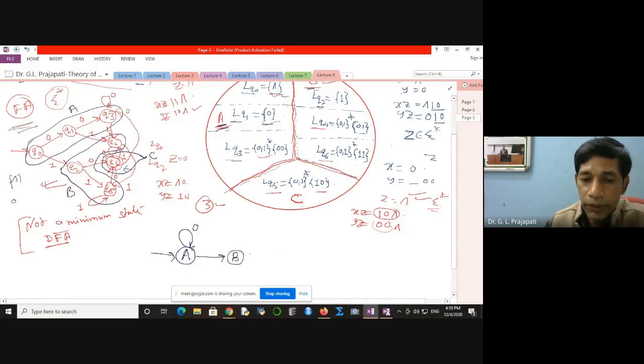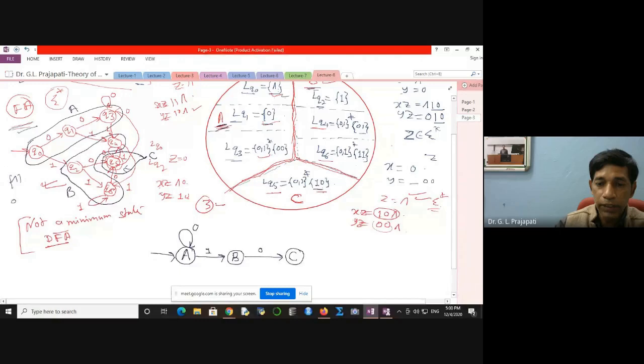Whenever you are at B and you receive 0, what happens? You have 1 0, and the strings ending in 1 0 are in the equivalence class C. So whenever you receive 0, you go to the equivalence class C, and C should be the final state, because Q5 is the final state.